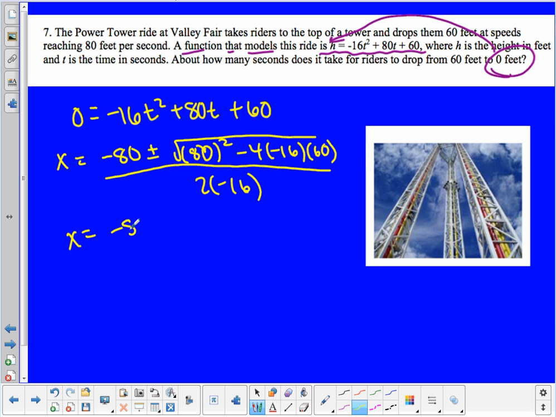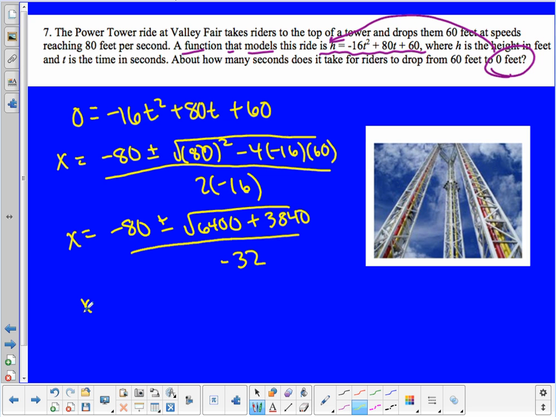Big numbers here, but that's the beauty of calculators. They do the work for us. So 80 squared is going to be 6,400. And then minus 4 times negative 16 times 60. Minus a negative is plus, and 4 times 16 times 60 is 3,840, all over negative 32.